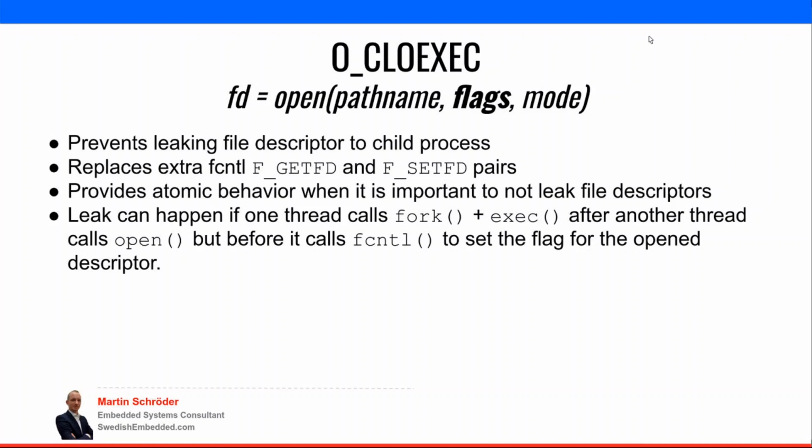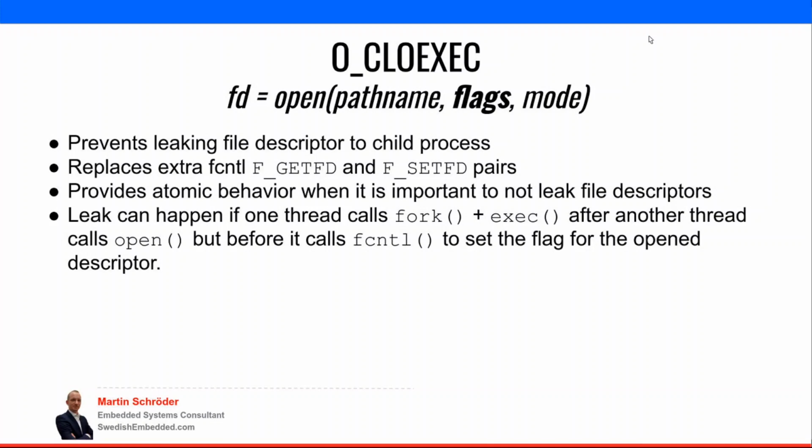And it's important to note that this provides an atomic behavior that does not leak file descriptors. So for example, a leak can happen if one thread calls fork plus exec right after another thread has called open, but before that other thread calls fcntl to set close_exec option.